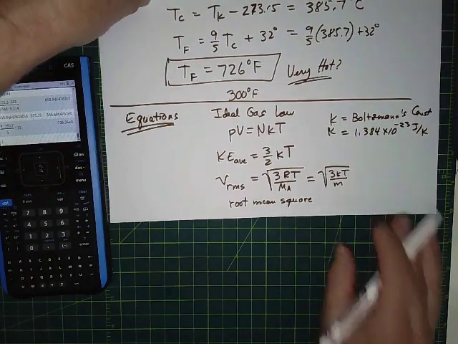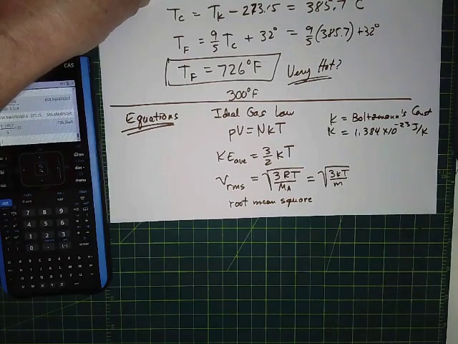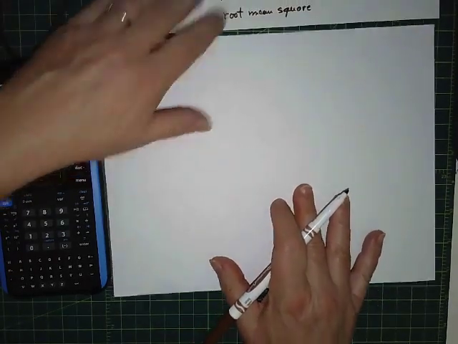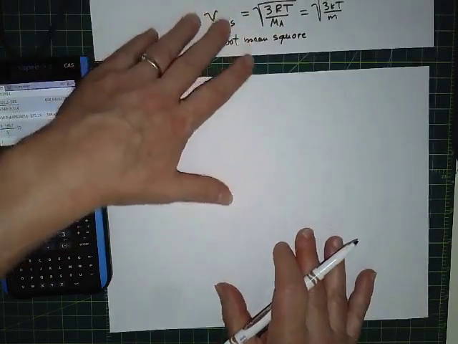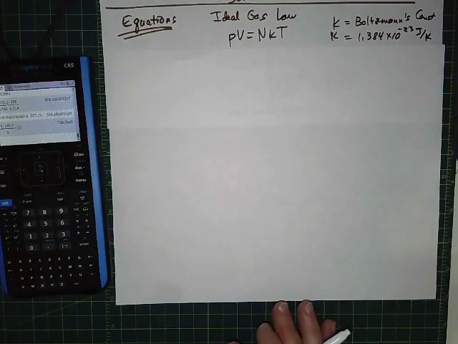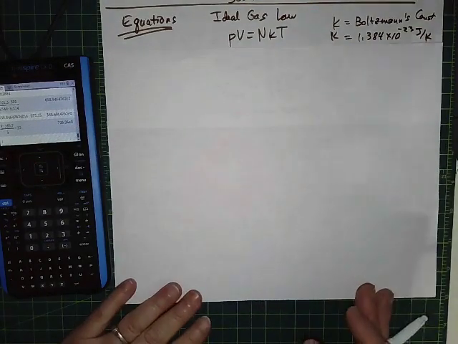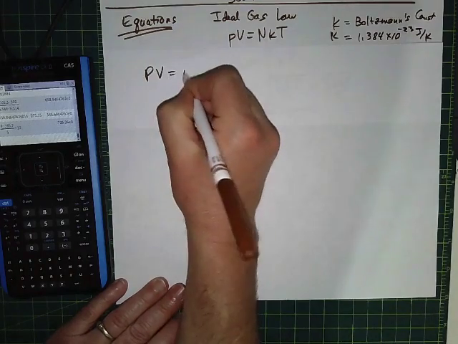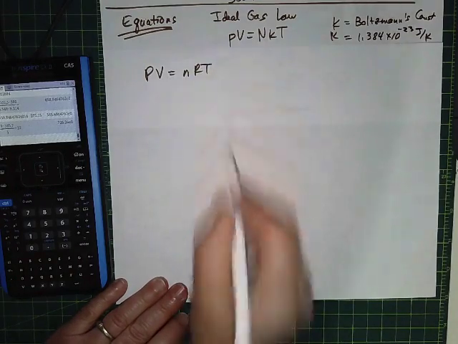All right, let's take a step back and see how we got to this new ideal gas law. It's not really a new ideal gas law, it's the same ideal gas law, just rearranged. So we had before PV equals nRT, right?